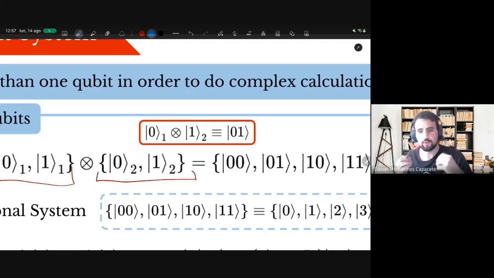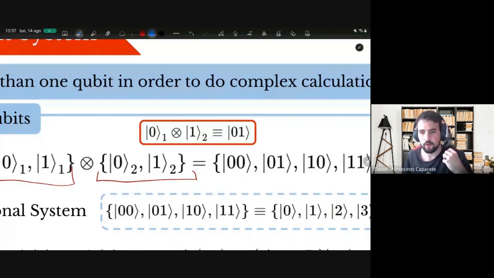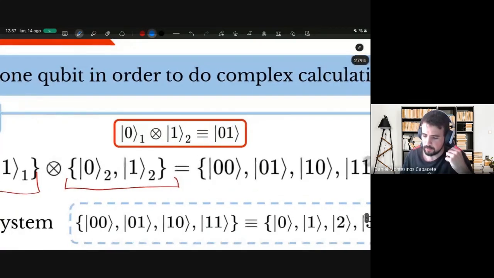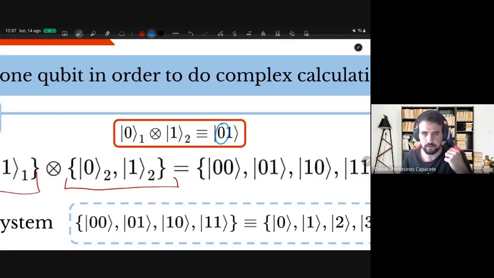To write this in a more comfortable way, we understand that what we write first refers to the first quantum system, and the next refers to the second quantum system. The order in which we write them is what we use to understand what we are referring to.